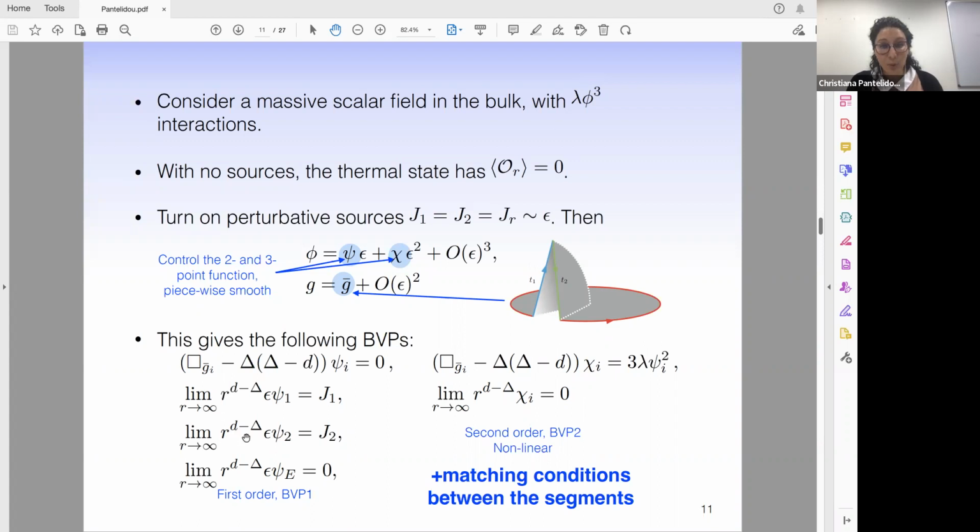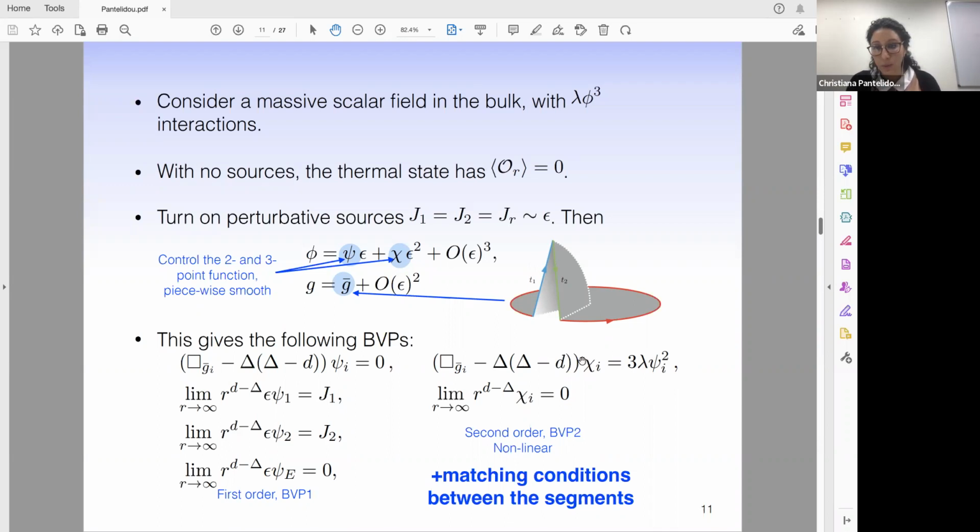On segment 2, psi 2 should asymptote to source J2, and we have no sources on the Euclidean segment, so psi E should asymptote to 0. So this is at order 1, and then at order 2, we need to solve this equation here, which crucially has a right-hand side. And this is essentially the statement that order epsilon sources the field at order 2.